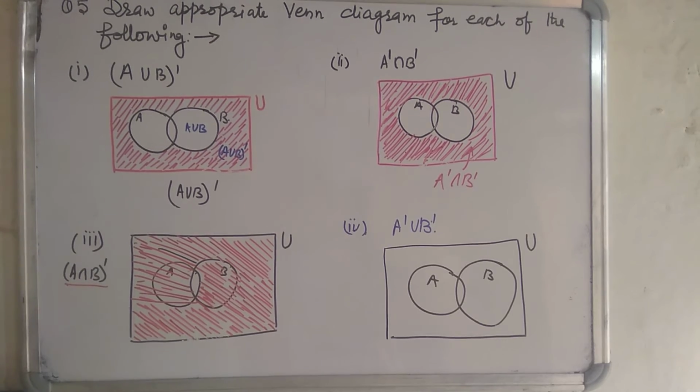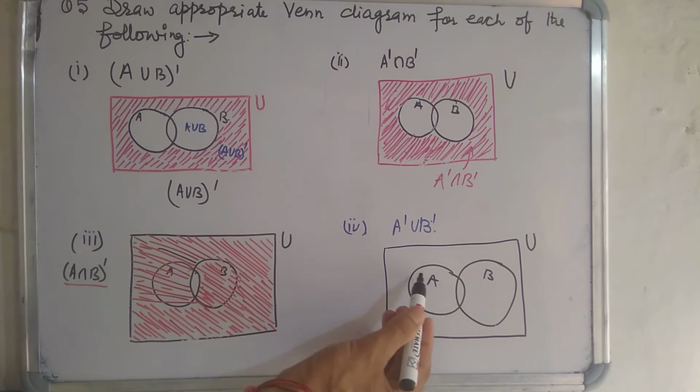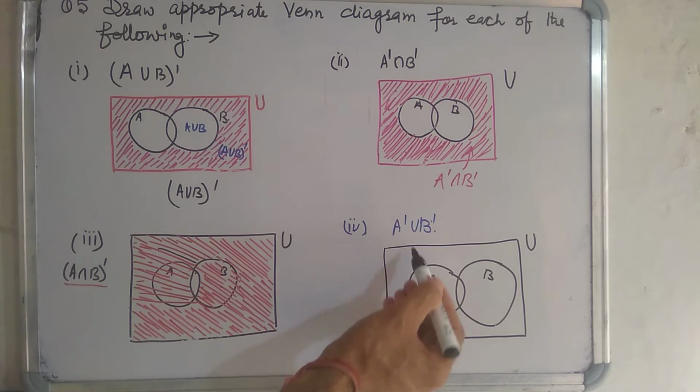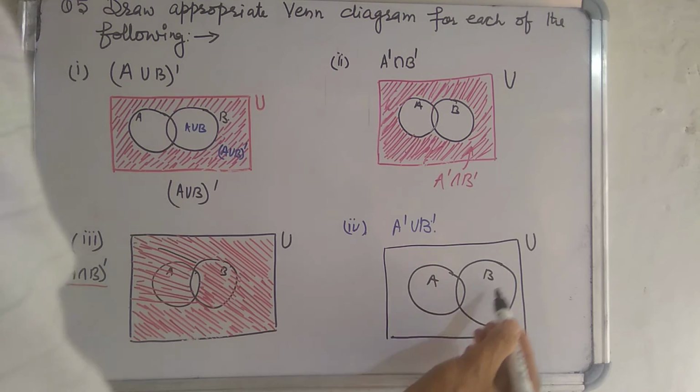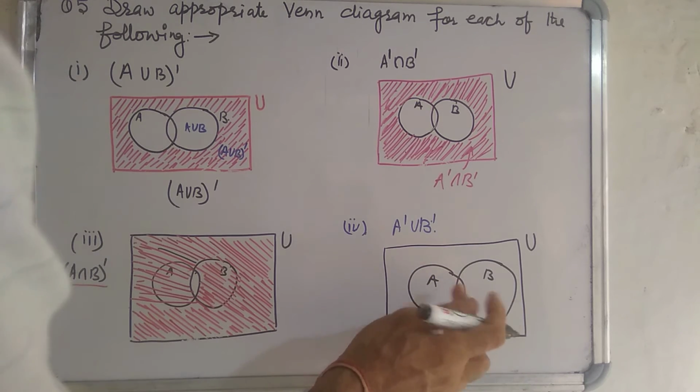Now in the last part, A dash union B dash. A dash is the portion outside of A, and B dash is the portion outside of B. So only this portion is left.